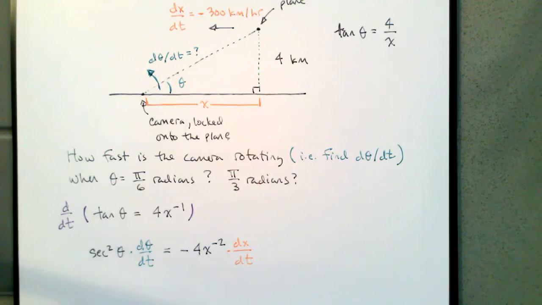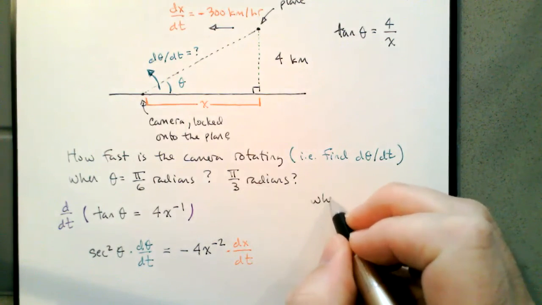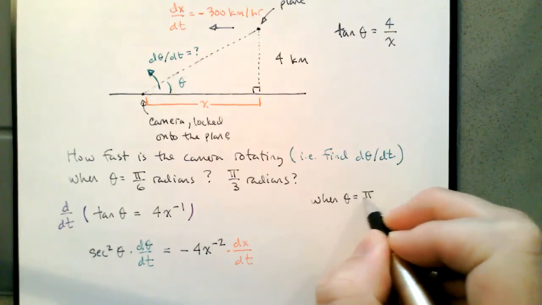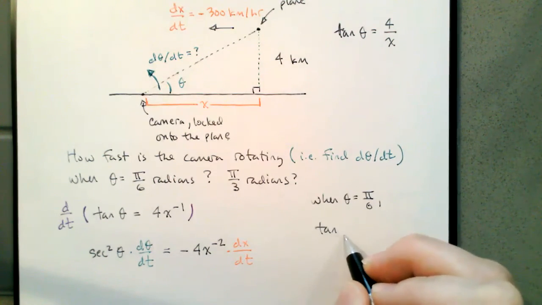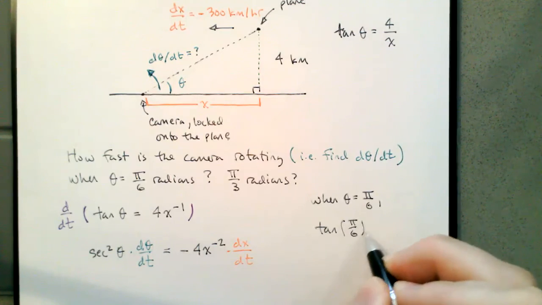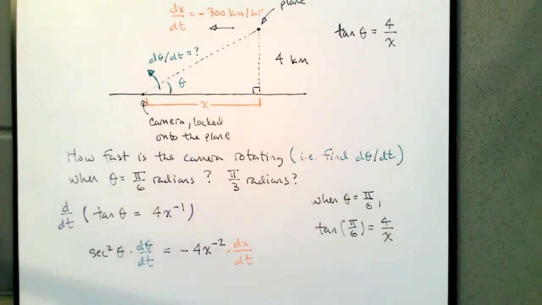So when theta is equal to pi over 6, we have the tangent of theta is equal to 4 over x. So we need to know what the tangent of pi over 6 is.